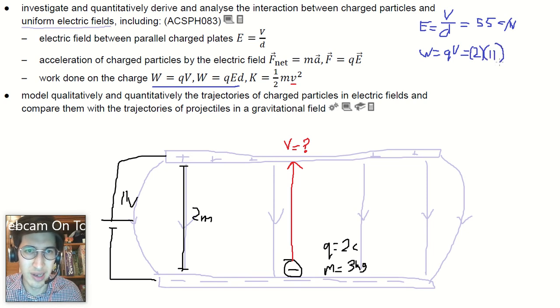So 2 times 11 is 22. 22 joules of work. Actually, I just realized we didn't need to use this top equation at all. I'll show you later why we will get back to that equation. We will use it.